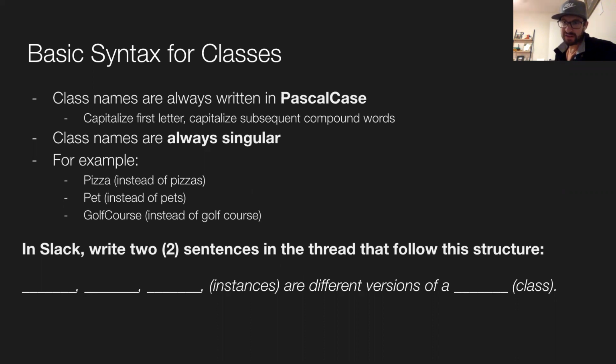One I want to bring attention to is Peter. Peter, I think you're really close on this. Peter wrote stout, lager, ale are different instances of a beer styles class. So what we're going to see as we start to talk about attributes in a second is that those could be an attribute or a style of a beer class.